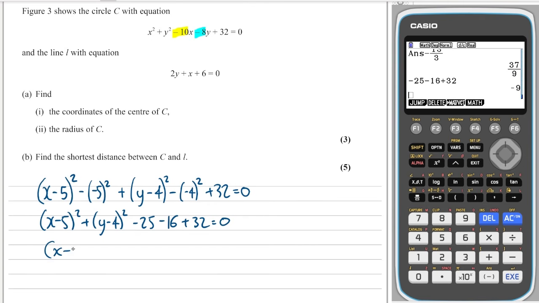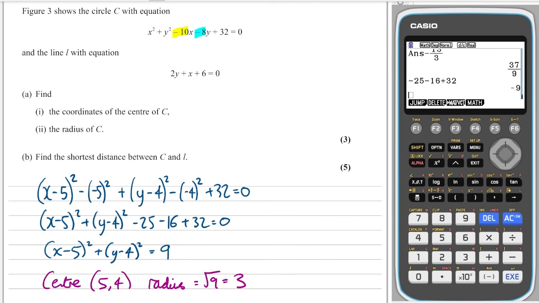So I get x minus 5 squared plus y minus 4 squared minus 9 equals 0. Add the 9 to the other side, equals 9. And then I can say that the centre is the x-coordinate, which solves that bracket, which is positive 5, and the y-coordinate, which solves that one, which is positive 4, and the radius is the square root of this constant here, 9. So it's the square root of 9, which is equal to 3.